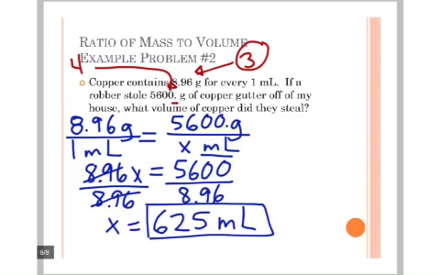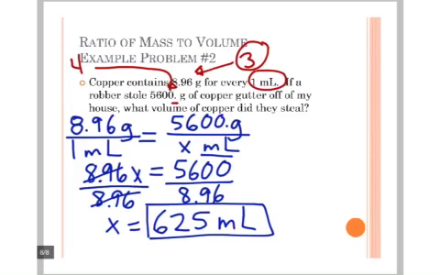Before I leave you, 2 other things I want to point out. Why am I ignoring this 1? Well, the 1 is just the denominator. The number that was actually measured is actually the density. So when we're saying for every 1 milliliter, that 1 is really not going to play into our significant figures ever. It's just a placeholder in the denominator, you could say.